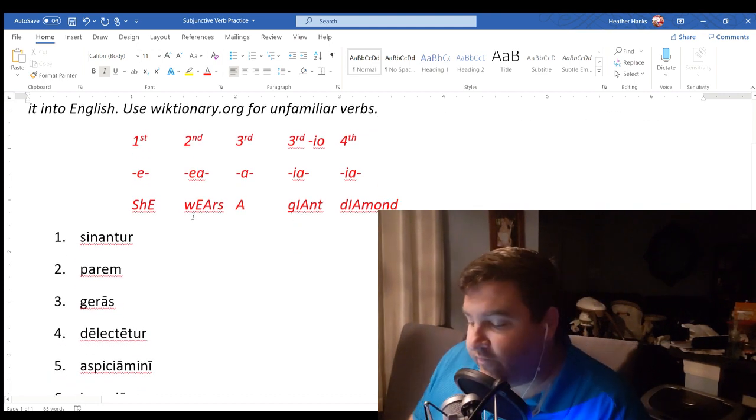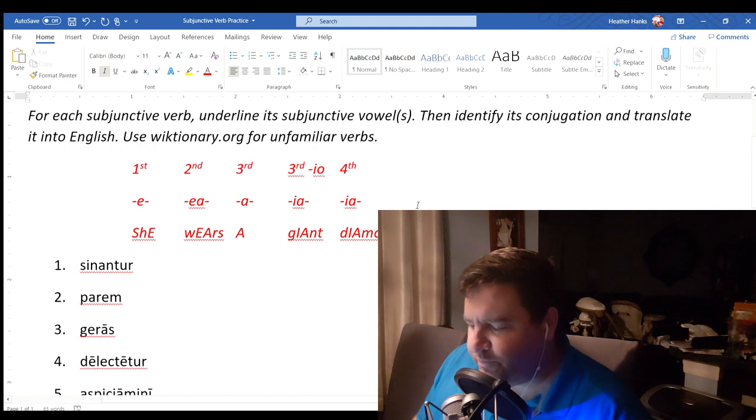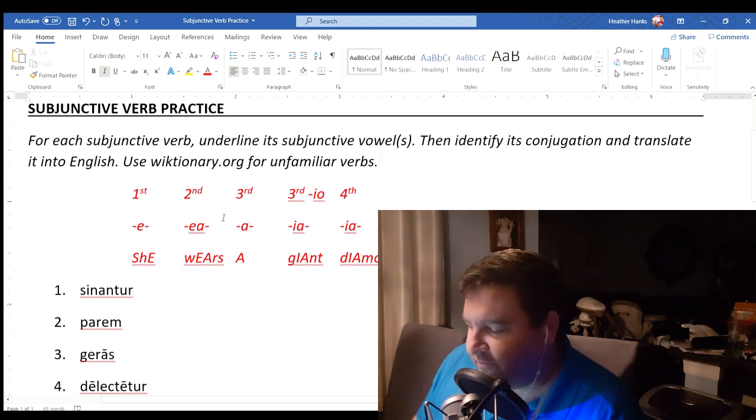So, if you ever hear me say, she wears a giant diamond to try to prompt an answer out of you, what I'm telling you is, it's a present subjunctive. That mnemonic tells you the stem letters or subjunctive vowels in order of conjugation. And so if one of those is present, and that verb is that corresponding conjugation, then you know you have a present subjunctive.